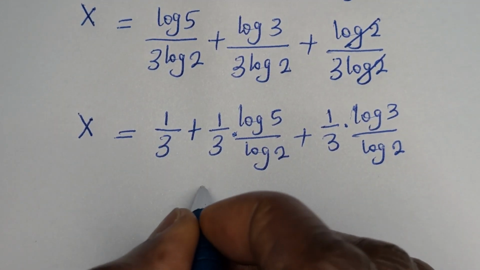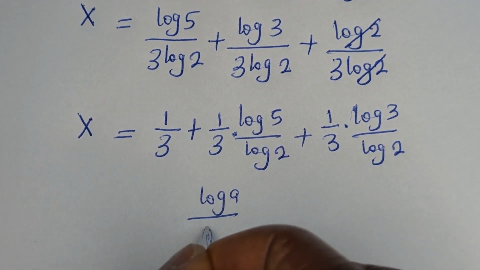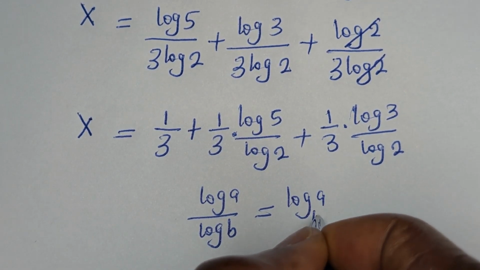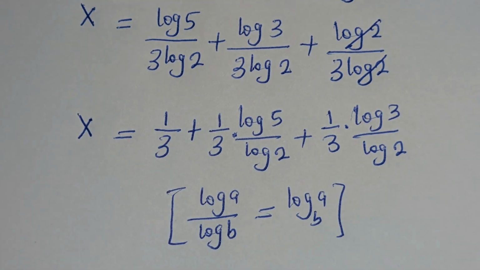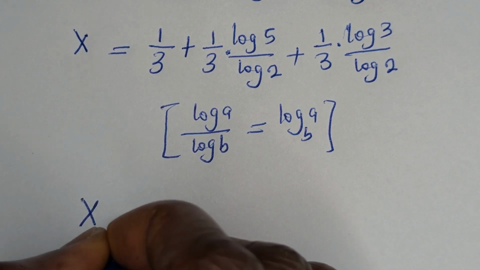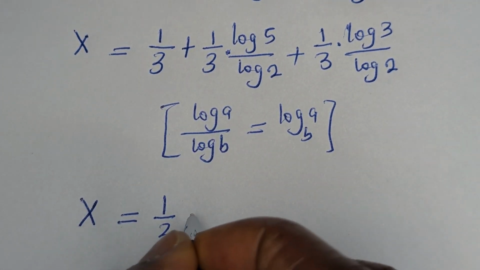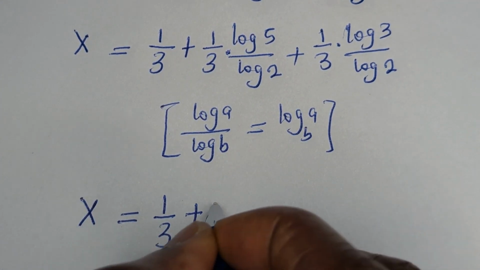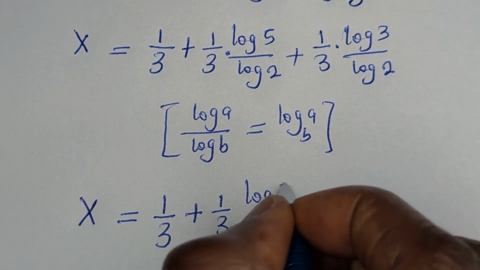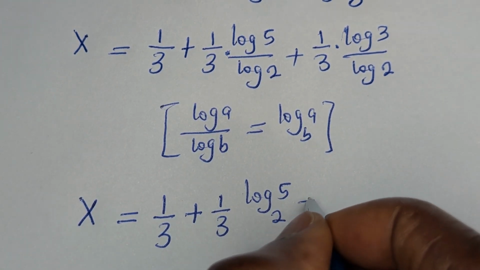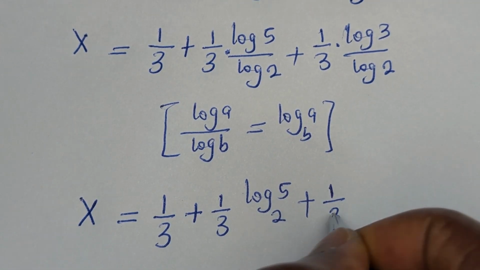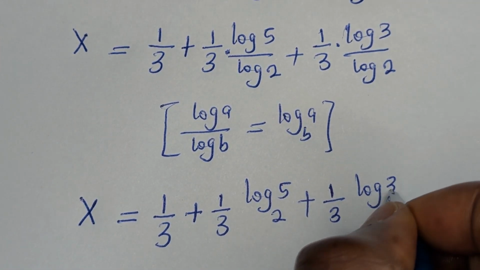Now if you have log A over log B, this is equal to log A base B. Then S is equal to 1 over 3 plus 1 over 3 log 5 base 2 plus 1 over 3 log 3 base 2.